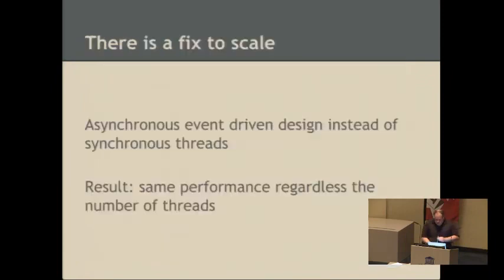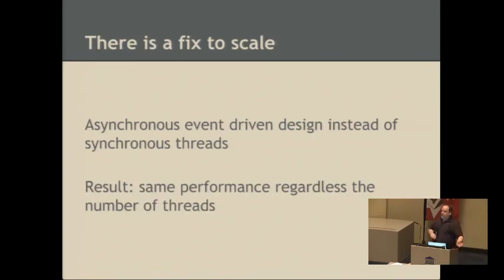So the solutions we're looking for are to go back to the textbooks. It's like rebuilding the bridge at the Tacoma Narrows. Why did it fail? Why did my website go down? Let's go back to the drawing board and figure that out. And the solution that we've come up with is asynchronous event-driven design.